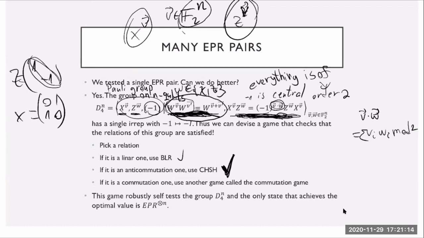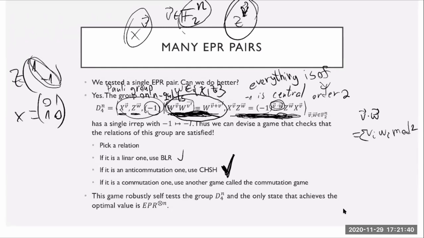The referee picks two generators, and they could be an X generator and a Z generator. And if they are two generators, X and Z, that are supposed to anti-commute, you said use CHSH, but I'm not sure I understand what this means.